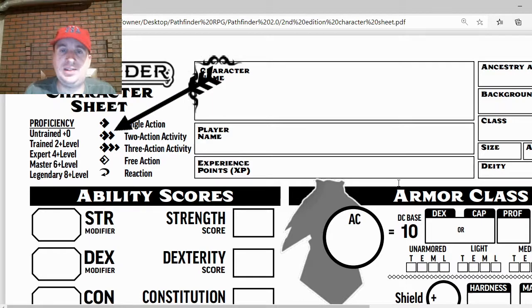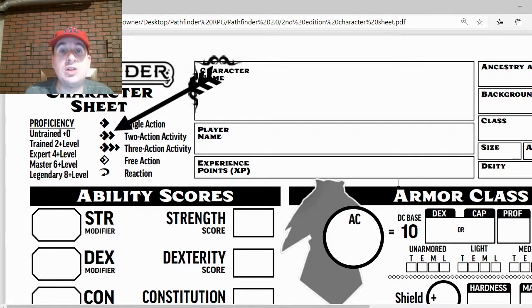Now, the second symbol on your character sheet in this section is what is used for a 2-action activity. This means that you have to spend 2 of your 3 actions in order to use this ability. This usually applies to spells. Most spells fall into this category.